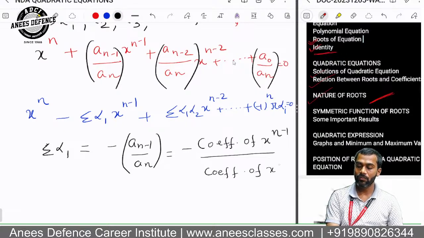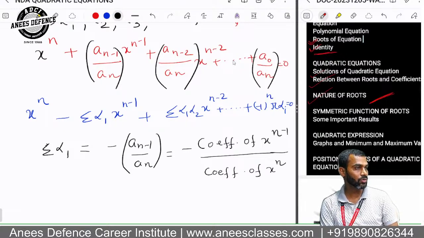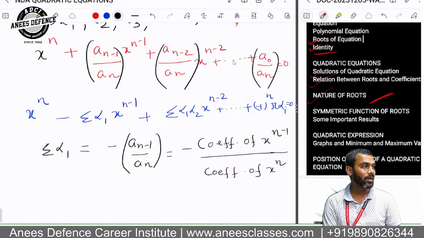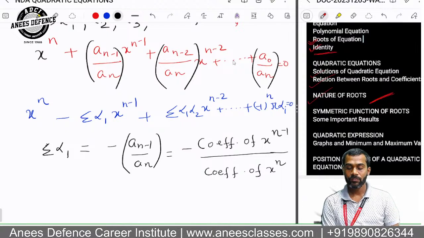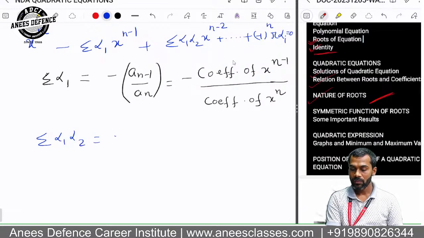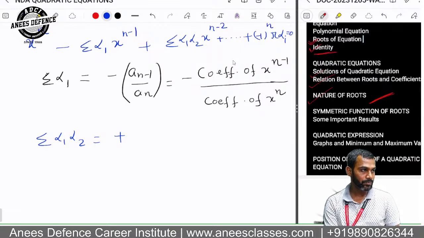I hope there is no doubt. An is the coefficient of x raised to n and an minus 1 is the coefficient of x raised to n minus 1. Is there any doubt? Similarly, summation alpha 1 alpha 2 would be plus. Why plus?